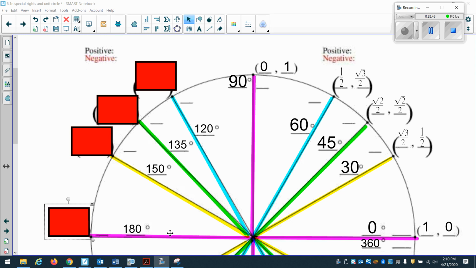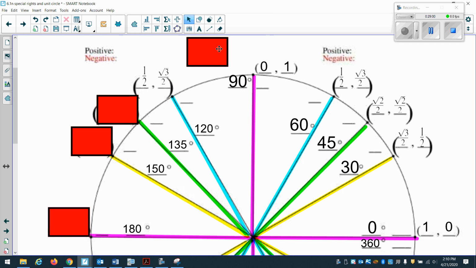So if I was to drop a perpendicular line from this point on the circle at 120 to the x-axis, I would create a 60-degree angle. The only thing that's going to be different is we will be tacking on a negative to these x values. So there's a negative 1/2 and positive √3/2.